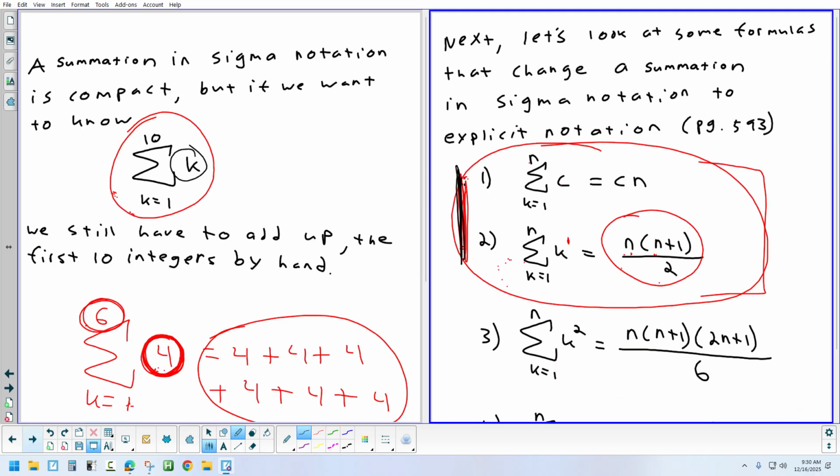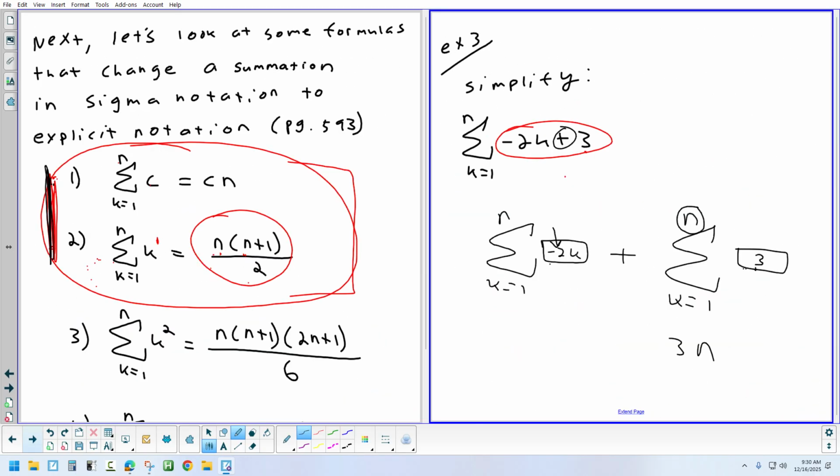That's rule 3. So that -2 is going to go right there. Once we move it, it should look like something you recognize. So -2. k equals 1 doesn't change, n doesn't change. But what's left inside this box now? Just k.